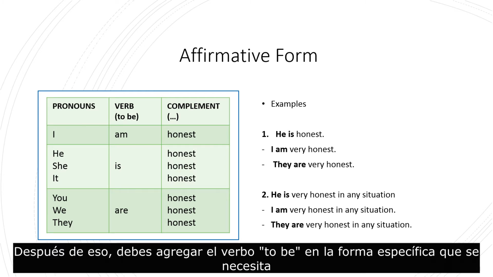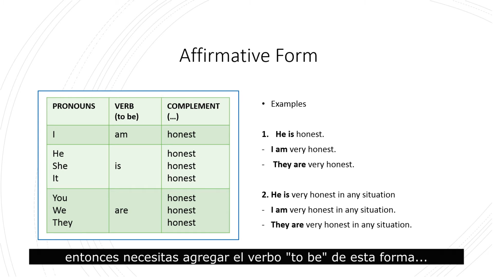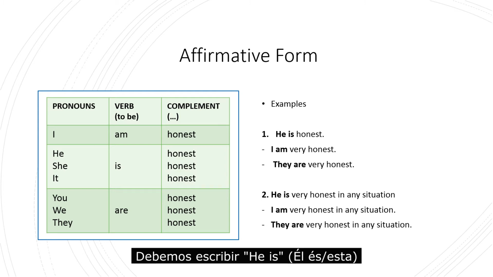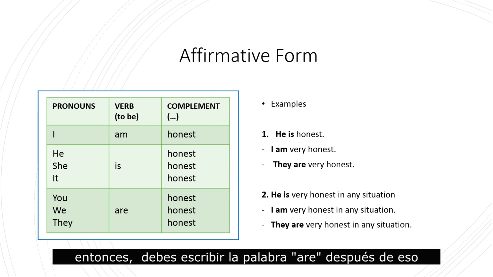After that, you need to add the verb to be in the specific form that's needed. For example, if you write the pronoun he, then you need to add the verb to be in this form, okay? We need to write he is. If you choose you to start your sentence, then you need to write after that the word are, okay?